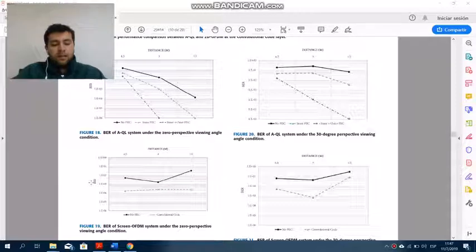If the same cell size is applied, OFDM brings better performance compared to AQL, even with a simple channel equalizer used.